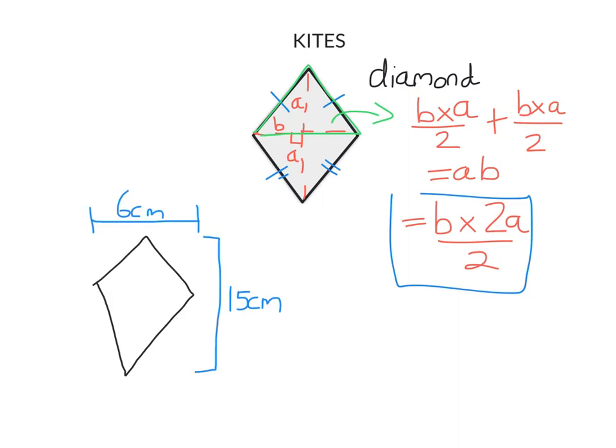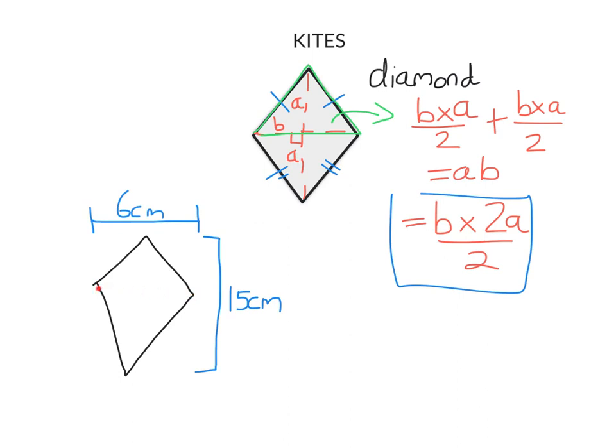So here we have a poorly drawn kite, sorry about that, and we're going to find its area. I'm telling you, this distance here is 6 centimetres, this distance here is 15 centimetres. We call this length and this length the diagonals of the kite, even though they're not diagonal lines. Diagonal just means it joins vertices that are not next to each other.